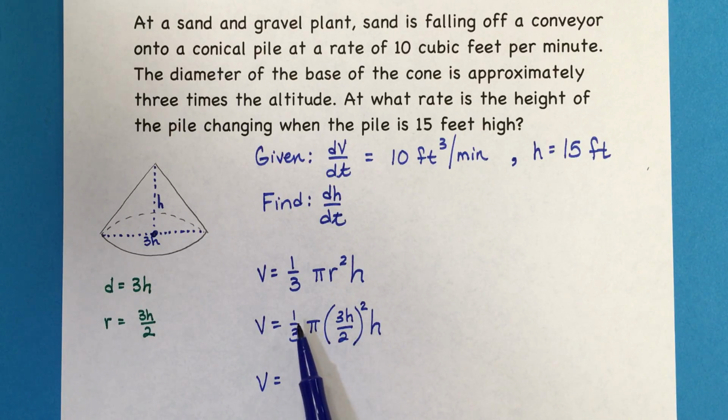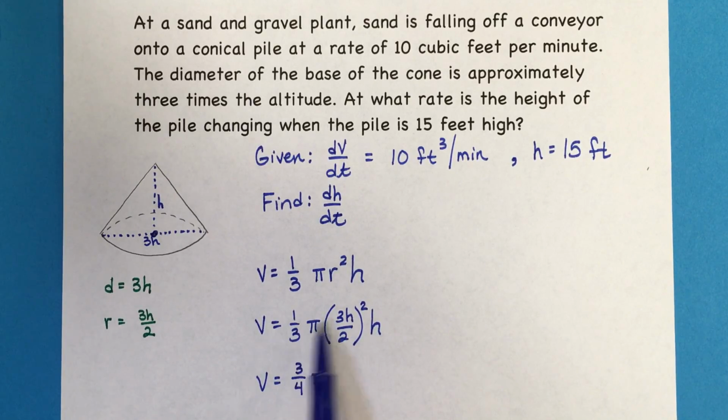You're going to have to do 1/3 times 9/4. If you square the 3 over the 2, you get 9/4, and you multiply that times 1/3. That will simplify to 3/4. Of course, you've got your pi.